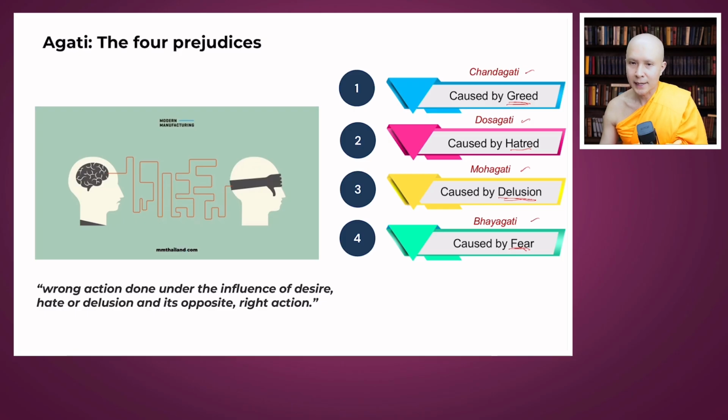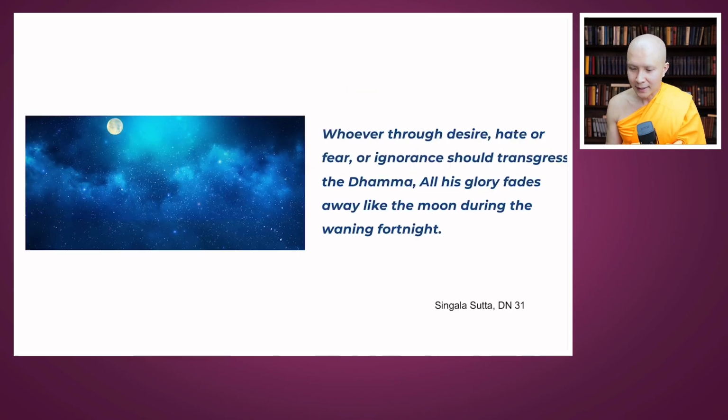It's a wrong decision made under the influence of these 4 things: desire, hate, delusion, and fear, which will affect our life if we make decisions based on their influence. That's why the Buddha emphasized that whoever, through desire, through hate, through fear, and through ignorance, transgresses the Dhamma, his glory fades away like the moon during the waning fortnight.